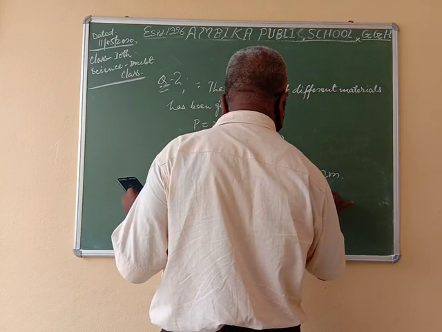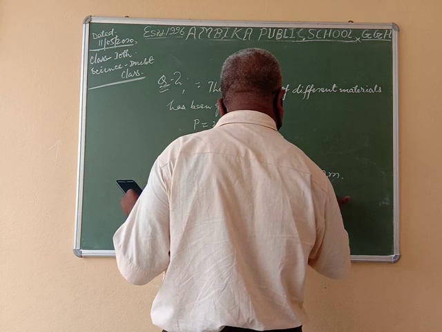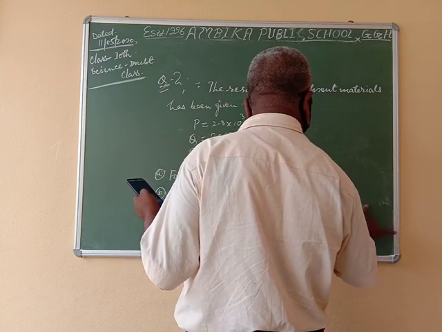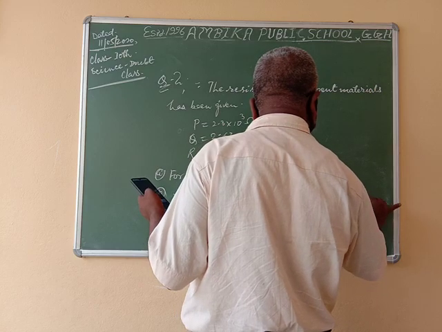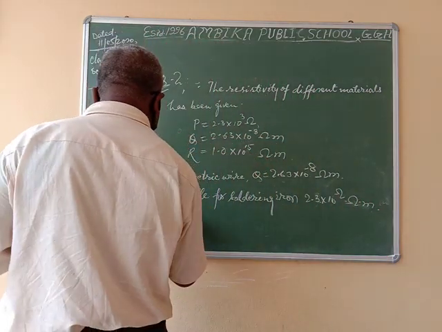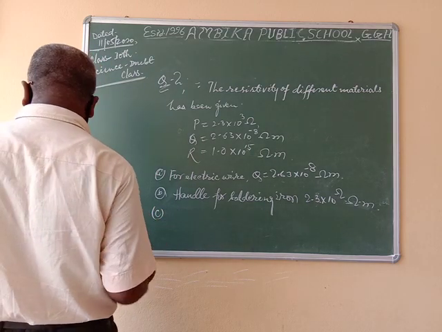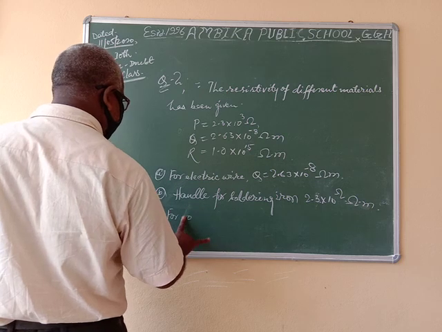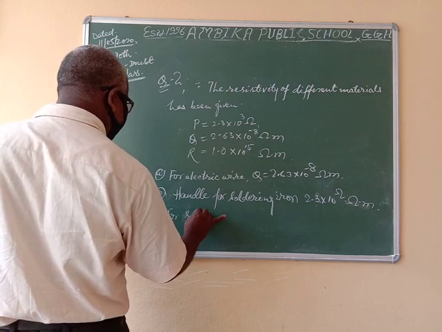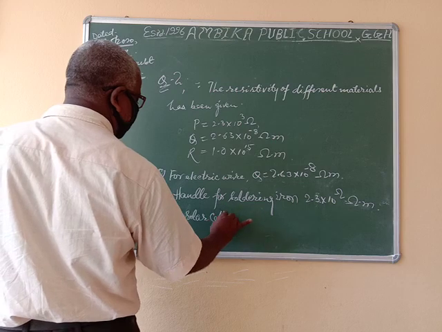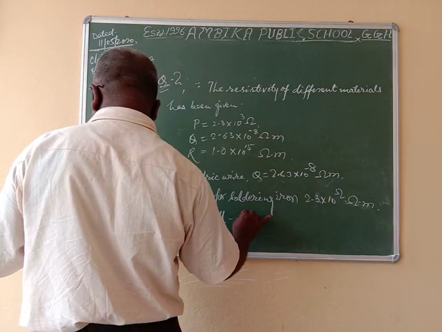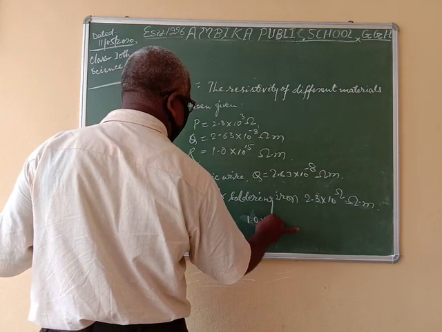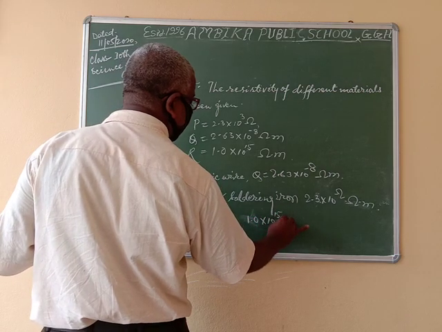P, 2.3 into 10 to the power 3 ohm meter, will be useful. And for solar cell, R, 1.0 into 10 to the power 15 ohm meter.